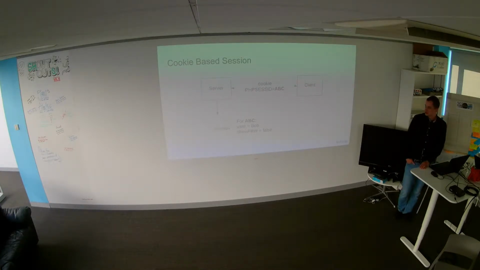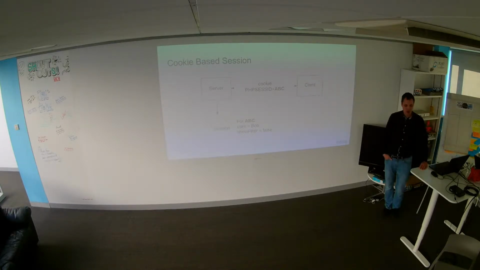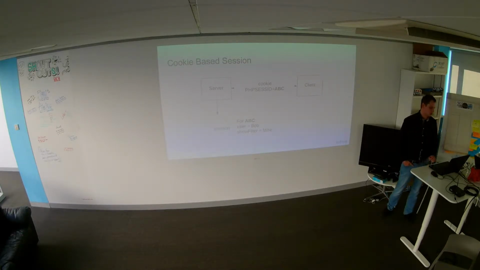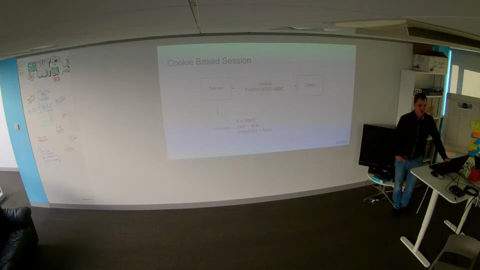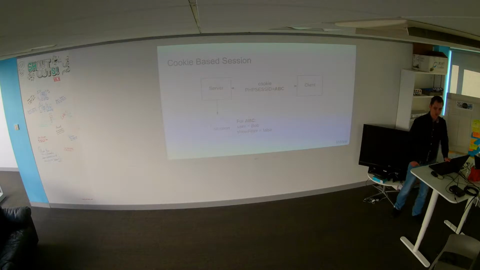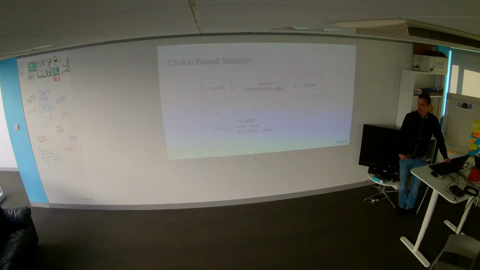In order for this ID to be useful, some data is stored on the server, the default implementation of PHP in files, and those files hold the IDs and the actual data that's accessible to us as developers, where we can store, for example, ID of the user, whether it's logged in or not, any custom settings we wish to be kept throughout the session.